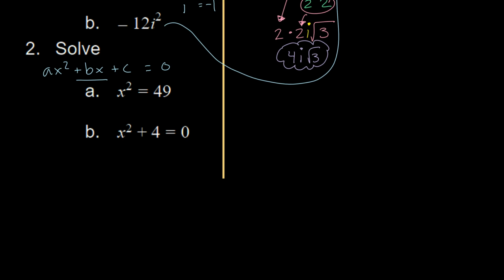Well, what's happening to the x right now? Look at number 2, part A. x squared equals 49. What is happening to the x? It's being squared. What is the opposite operation of squared?